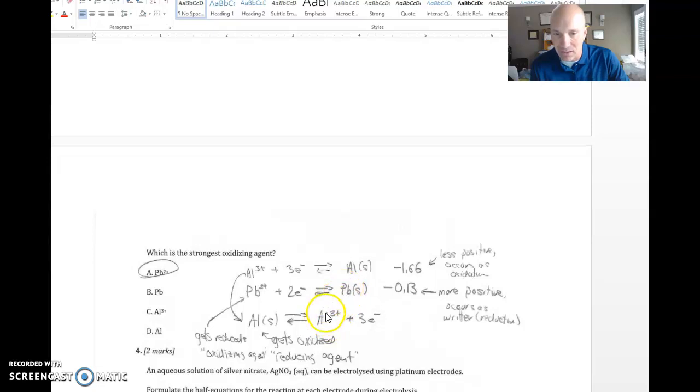These guys could not be the answer because they're not an agent in the reaction; they would be the products. Between these two right here, this is the only oxidizing agent in this particular reaction. So that's the strongest oxidizing agent.